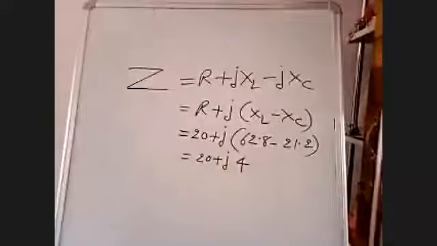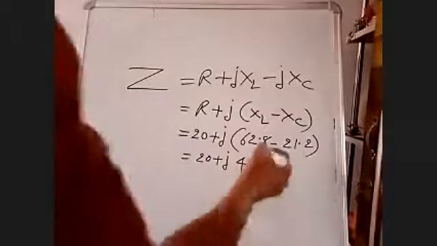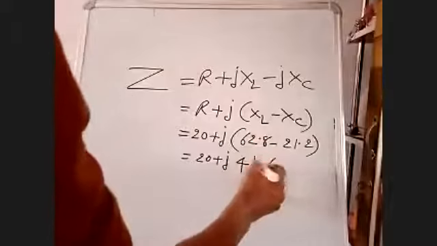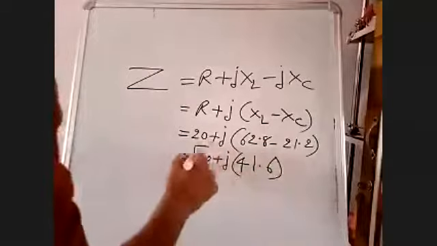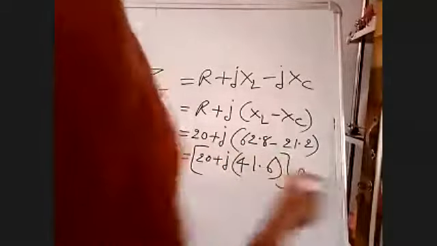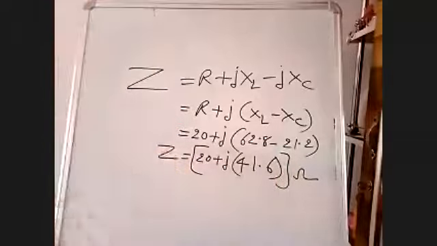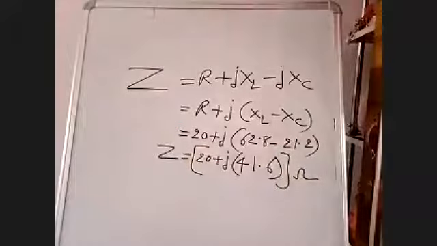What is the difference of these two? This is your impedance of the circuit. This is the total impedance of the circuit. We have considered all the things: R, XL and XC.